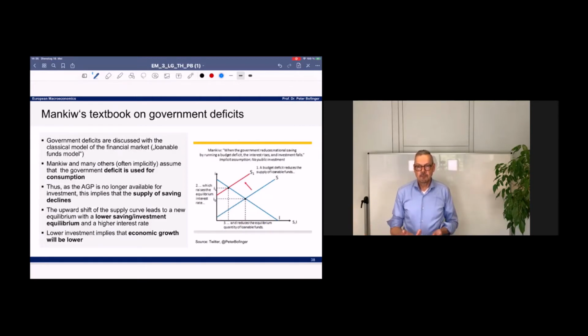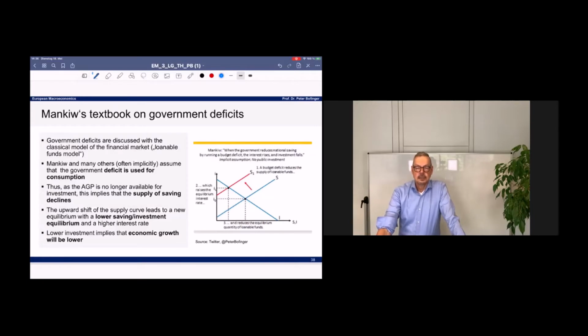So what is discussed is mainly government deficits as an instrument of transfer between generations, between consumers. The government itself does not use it. It's just an instrument for transfers between different groups of the population, in most cases between older and younger generations.